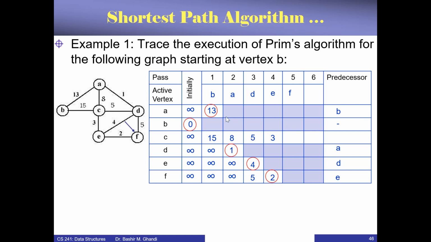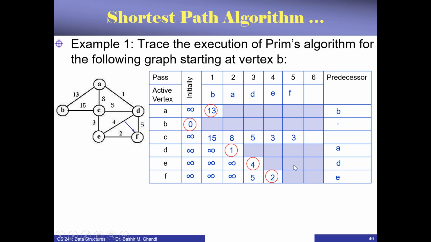Now from F, unfortunately we cannot reach C, and that is the only vertex we have not yet finalized. So nothing we can do other than just copying the previous value from the last iteration to complete the current iteration.